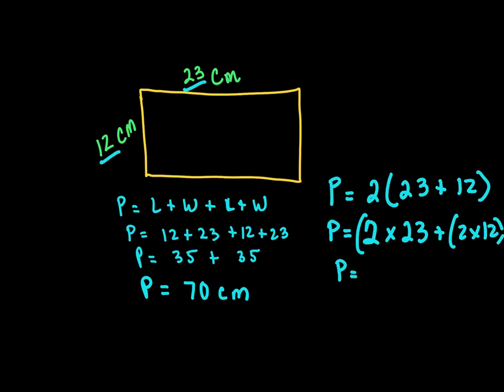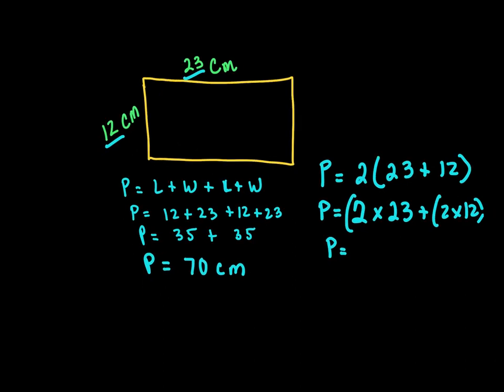P is equal to 46 plus 24 to get P is equal to 70. So it does work to use the multiplication, but you got to feel confident with multiplying the bigger numbers, which I'm sure you would be able to do. But again, when you're solving perimeter, use the formula that works best for you.